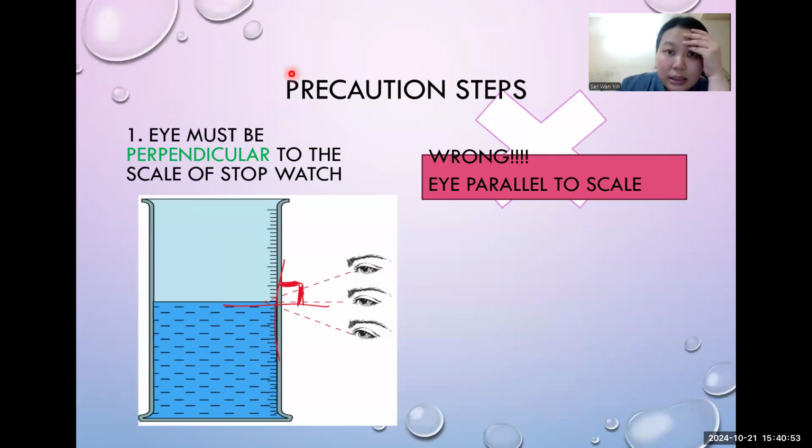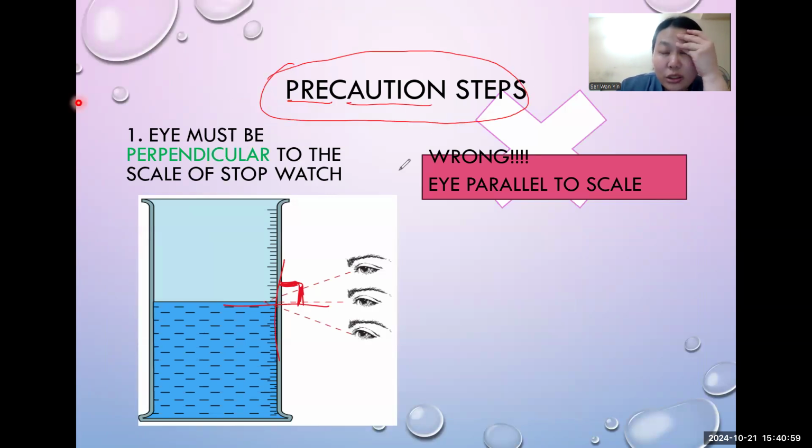The last is the precaution steps. I'll tell you one universal precaution that any experiment can use. We say your eyes must be perpendicular to the scale of the stopwatch, the scale of something.